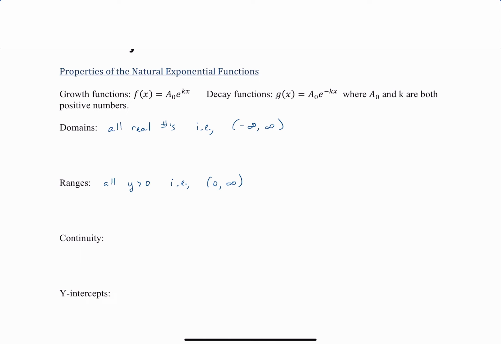And so what both of those say about the graph is, the domain being all real numbers tells us that the graph extends infinitely far to the left and right.